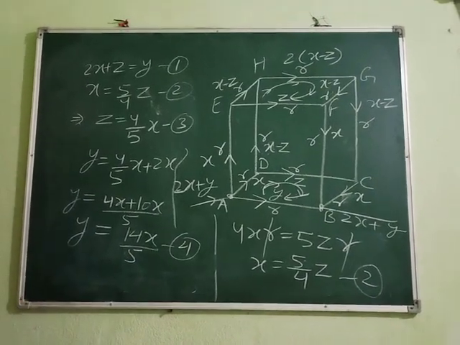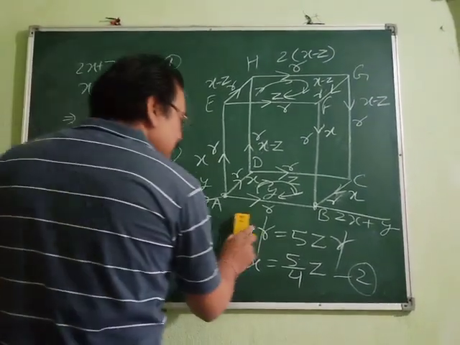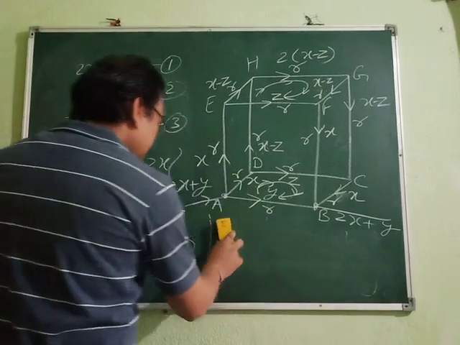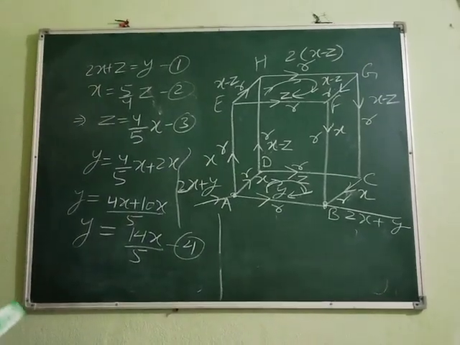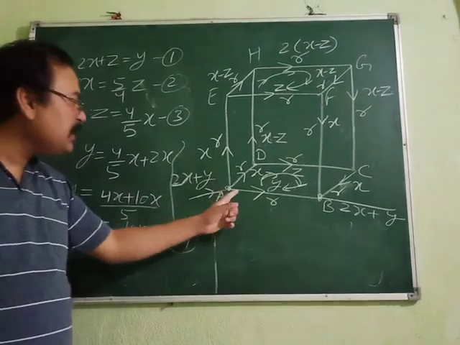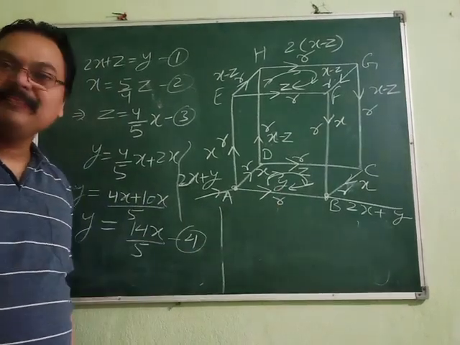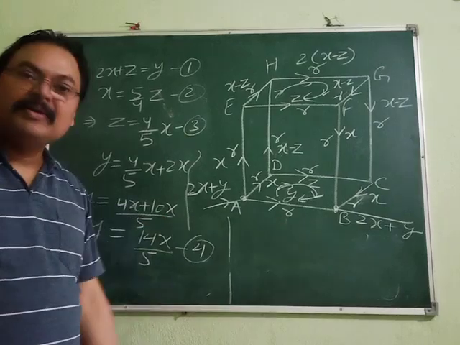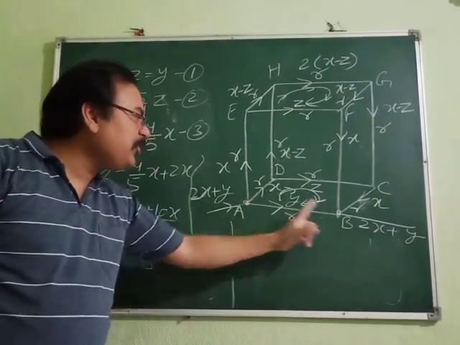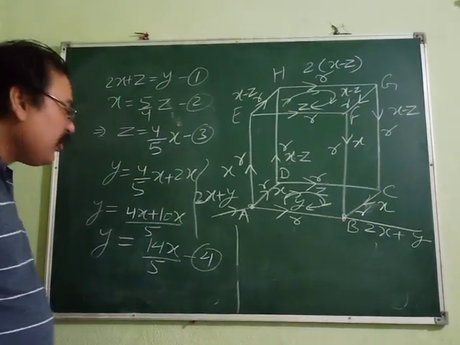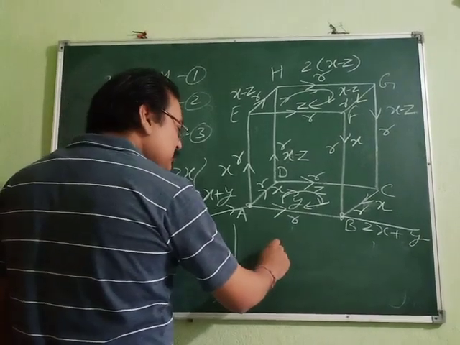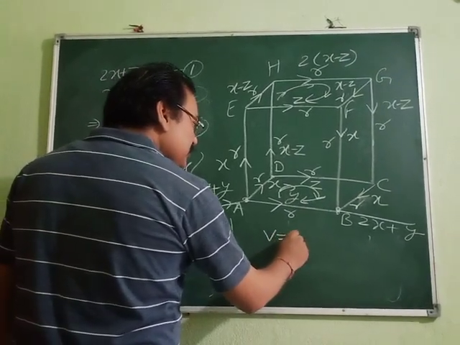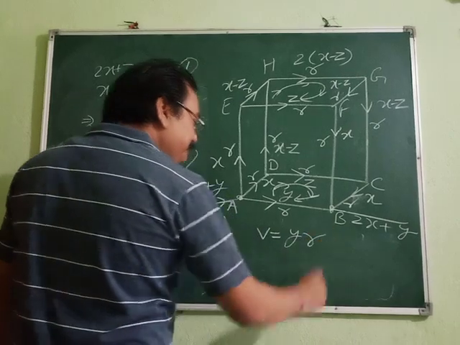Let's move ahead. Let us remove this part also. See how much current is passing through this path. It is Y. What is the resistance of this path? It is R. So what is the potential difference between these 2 points? Obviously, V is equal to YR.